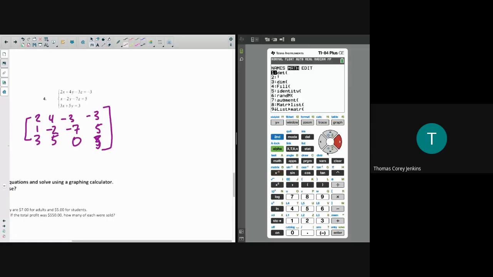So now we'll pull up RREF. And go ahead and enter matrix A. And now we're ready to hit enter. So now we know X is 6, Y is -3, and Z is 1.